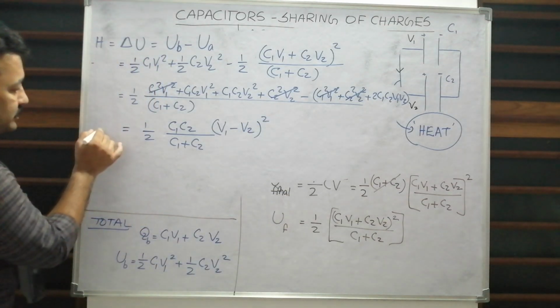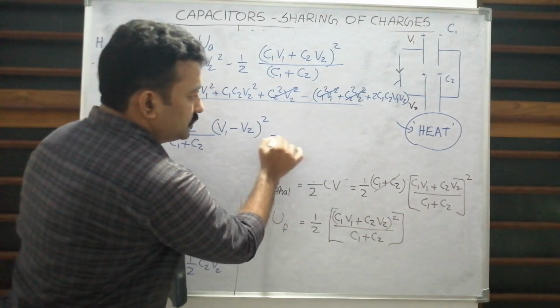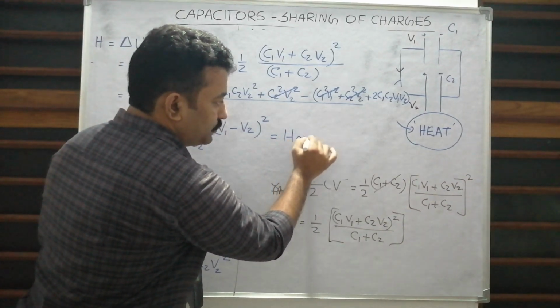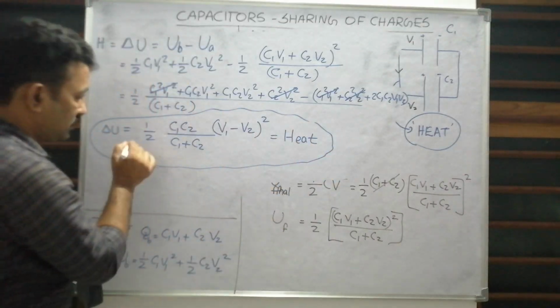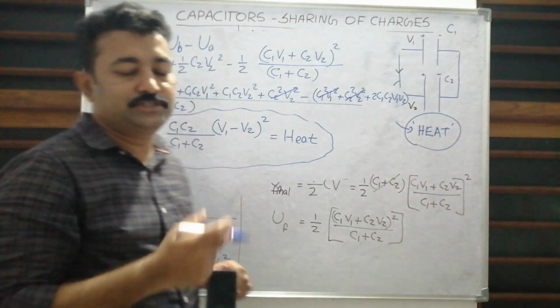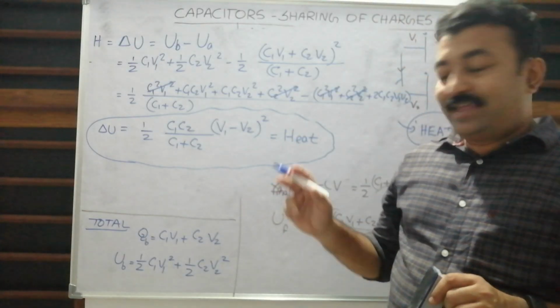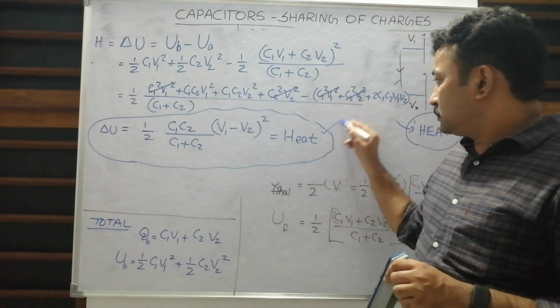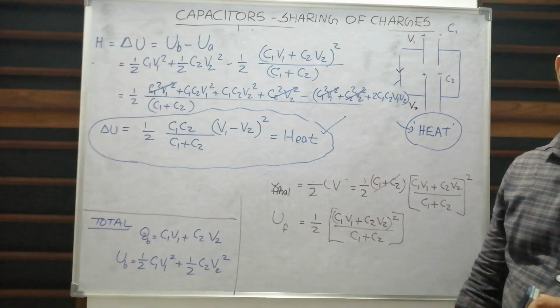This is the expression for the change in potential energy, the amount of heat produced in the system. When the capacitors share charges, there is a loss of energy that appears as heat produced in the connection wires.